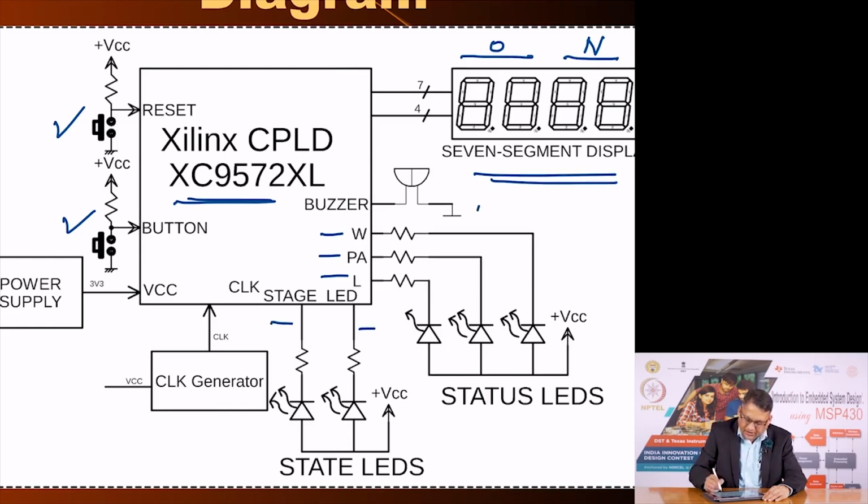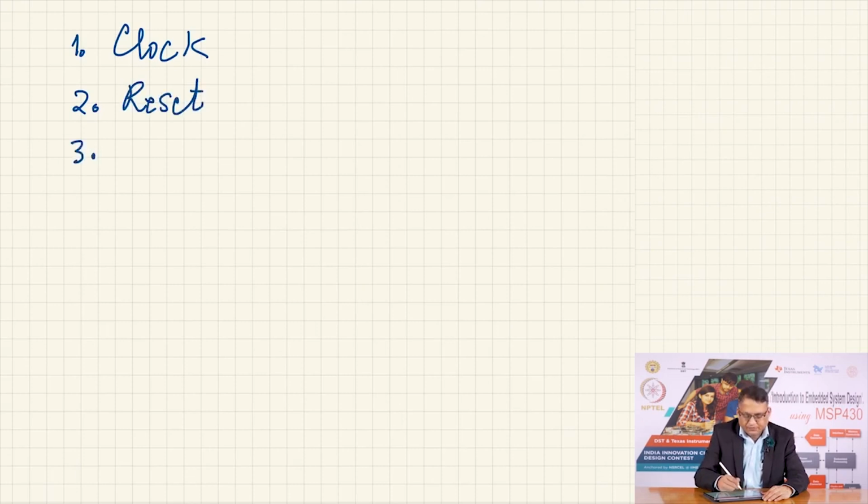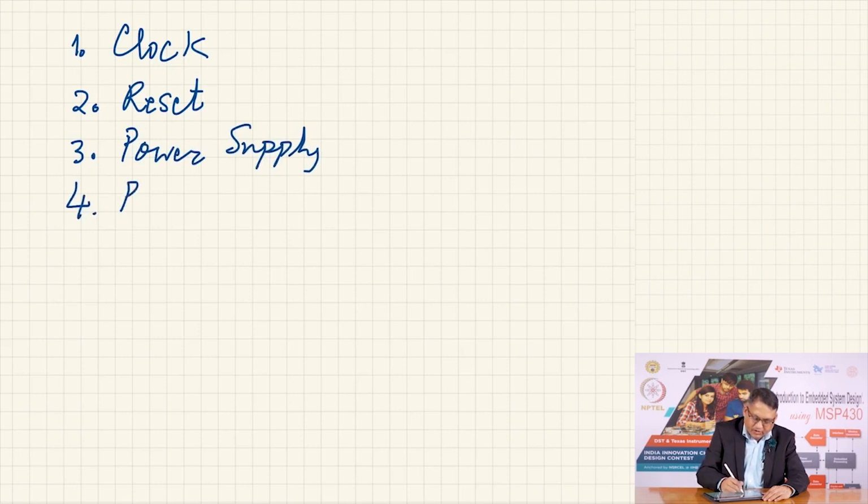two LEDs which are stage 1 and stage 2, and a buzzer. Now, exactly like we talked about the ecosystem for a microcontroller, and we mentioned 4 elements of the ecosystem, namely 1 was clock, 2 was reset, 3 was power supply and 4 was program download capability.